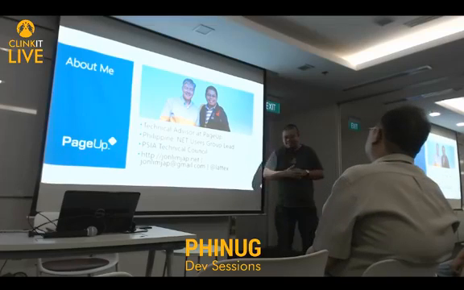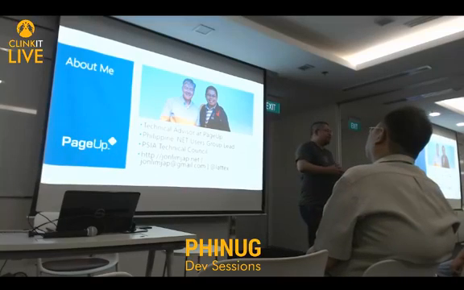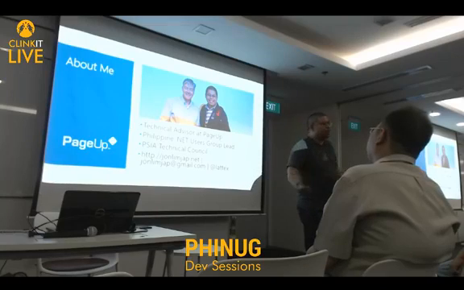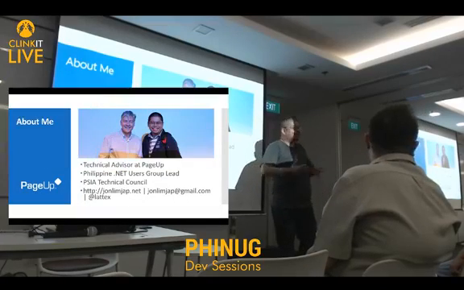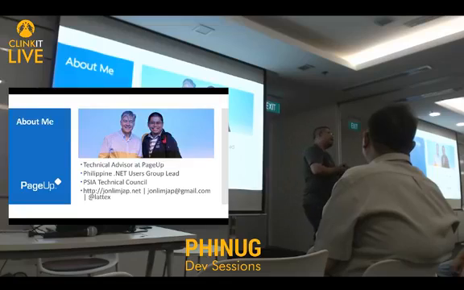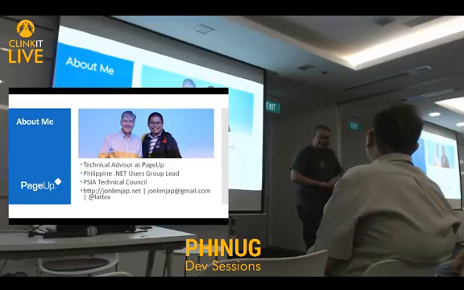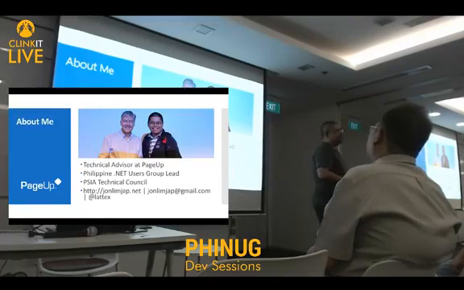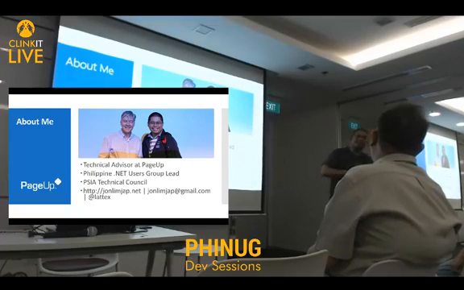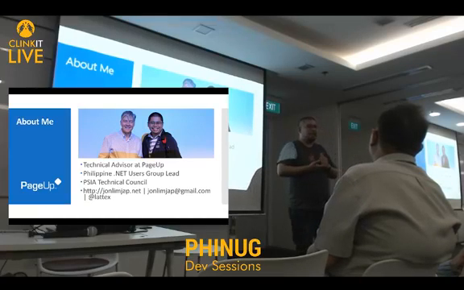This is Anders Hejlsberg. So the oldies might know Anders Hejlsberg as also the guy who made Turbo Pascal. Yeah. Turbo Pascal. So nagsimula siya sa Turbo Pascal, he moved on to make Delphi.